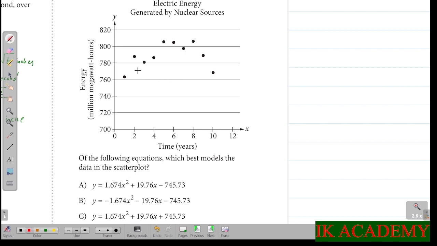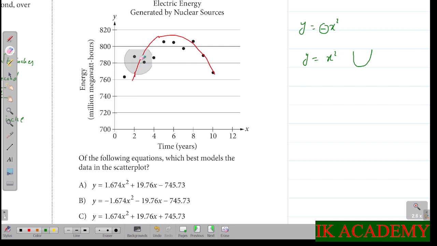First of all, if we see the behavior of the graph, it looks like a parabola which is opening downward. It means in the quadratic equation of a parabola, the coefficient of x square should be negative if the parabola is opening downward, and it should be positive if the parabola is opening upward.